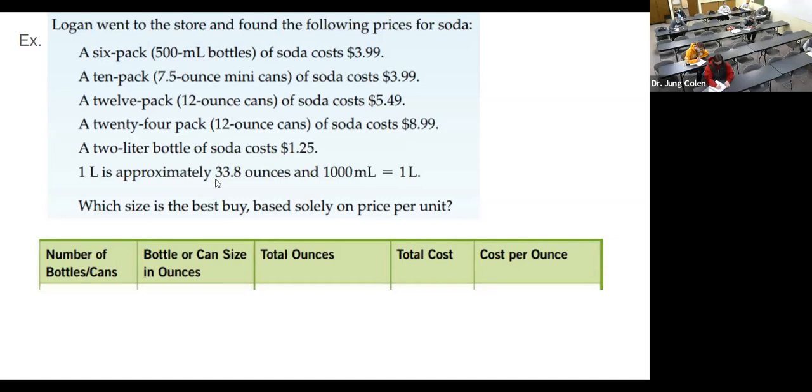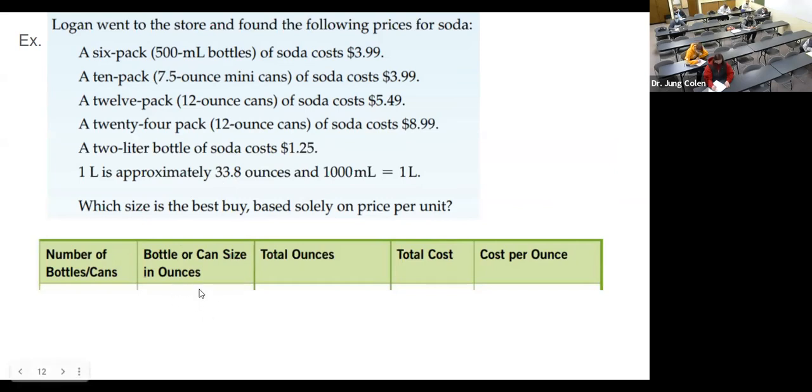So it says 1 liter is approximately 33.8 ounces, but we have half of that, right? So 500 milliliters should be half of a liter, which means half of 33.8 ounces. So you can write half of 33.8 in ounces here.